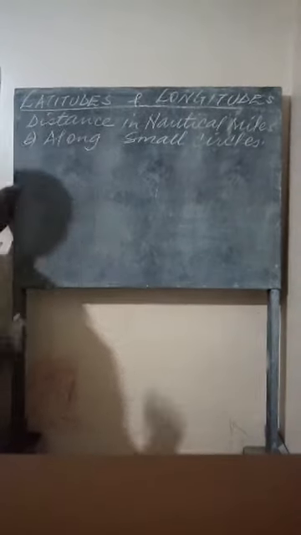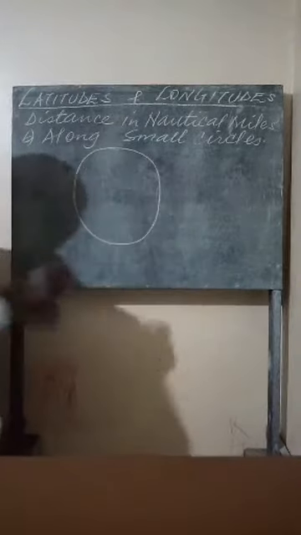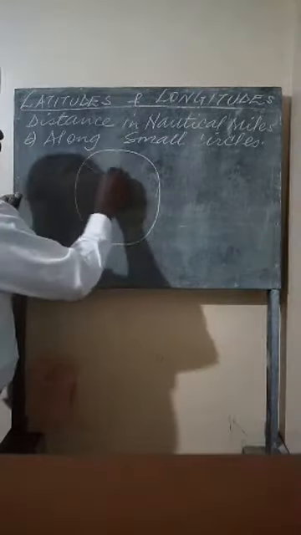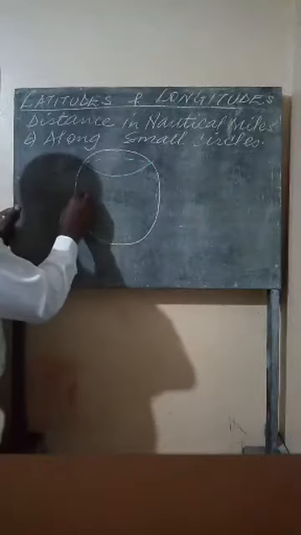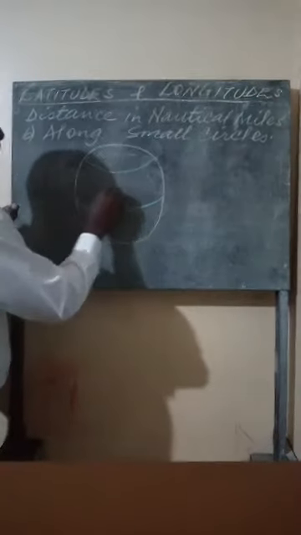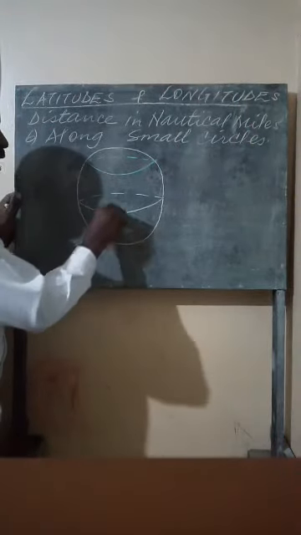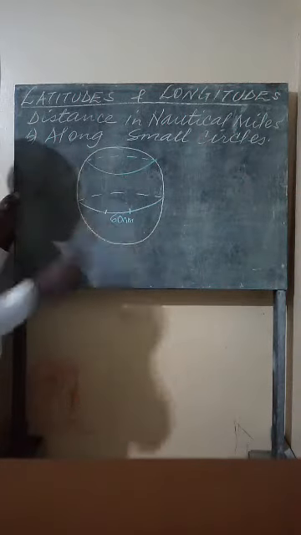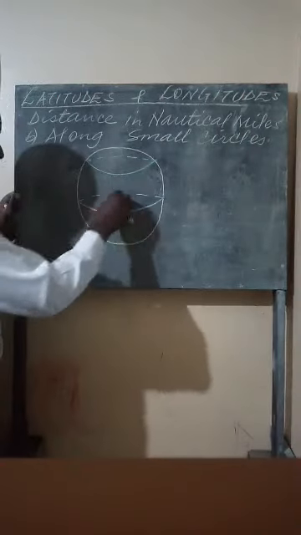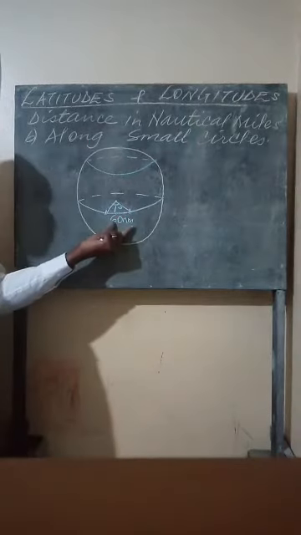Now, when we have a small circle up here, and we also have a great circle down here, we have said that along a great circle, 1 degree will subtend 60 nautical miles at the center. 1 degree will be subtended by 60 nautical miles on the surface.